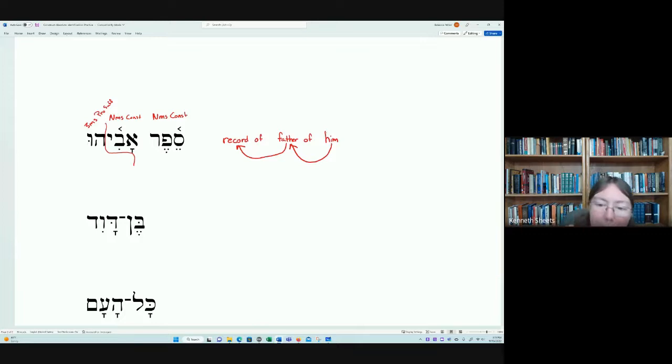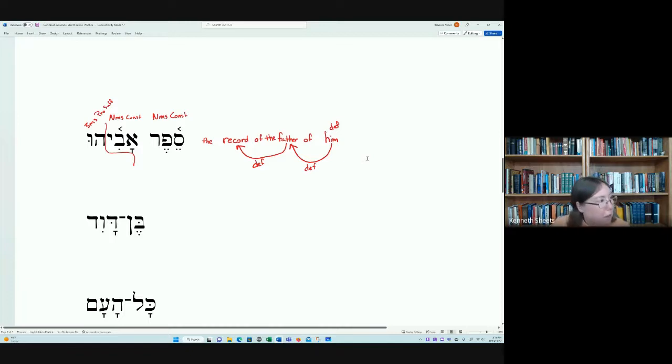In this case, we're dealing with a pronoun. So this then is definite, which in turn makes the construct avi also definite, which in turn makes its construct sefer also definite. And so, by virtue of the fact that the last word in the construct absolute chain is definite, that makes the whole chain of them also definite. And so this is then the record of the father of him.